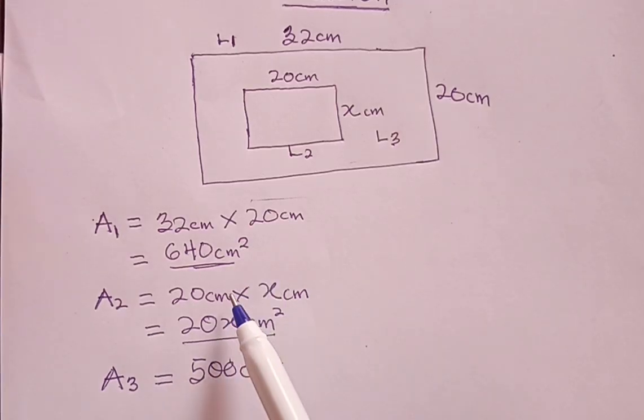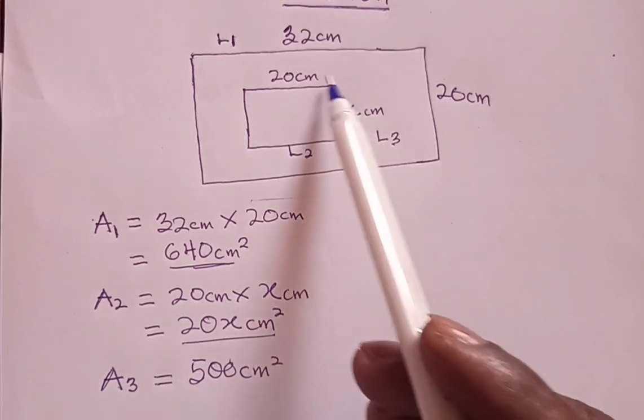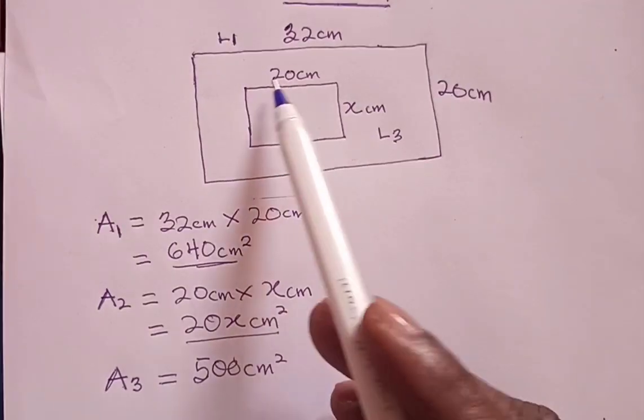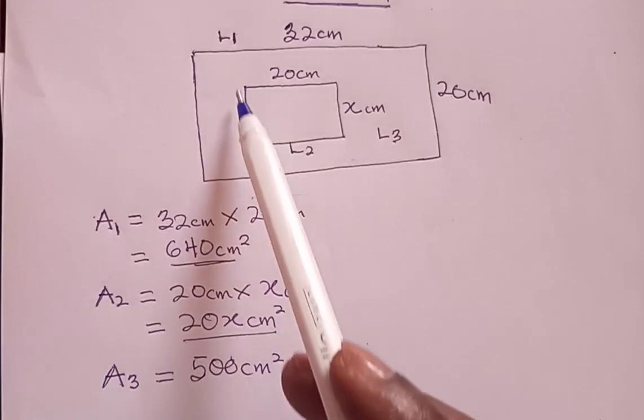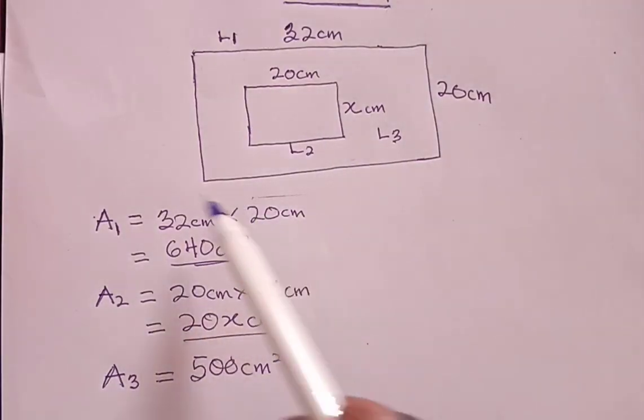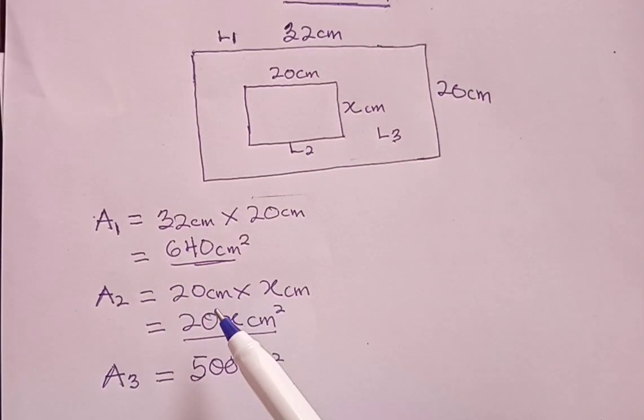Now, if I want to get the total of the whole plot, what should I do? I have to add the area of the used plots. That will give me the total area of the whole plot.